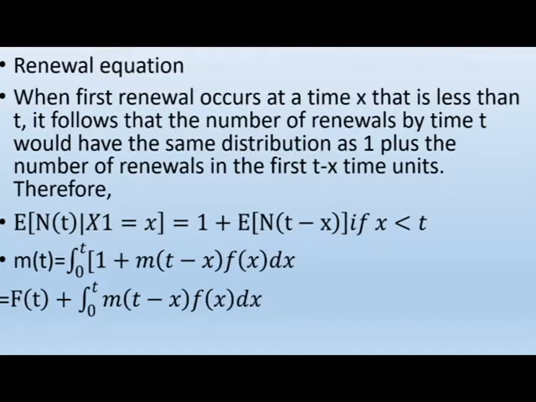Therefore, we can get this formula. This M_t function is called the renewal equation, and sometimes it can be solved to obtain the renewal function.